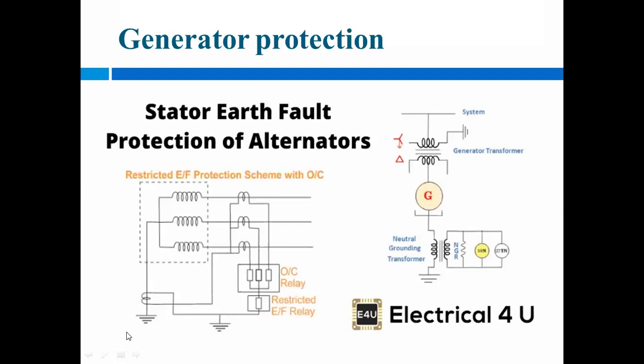This is the ground connection, and you can see the star connection. The generator winding is shown here, and its star connected point is again grounded.